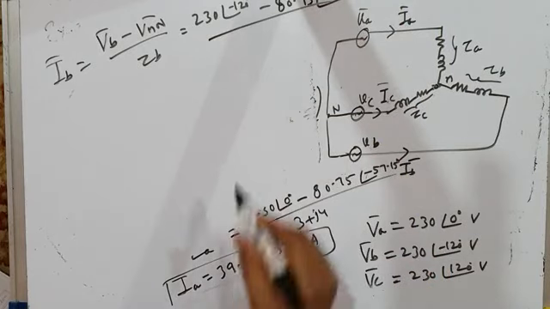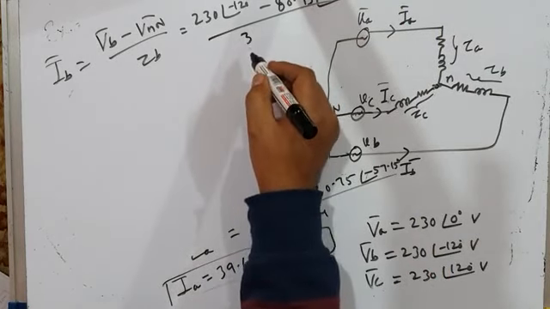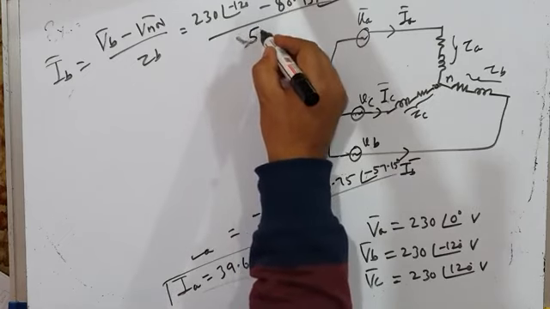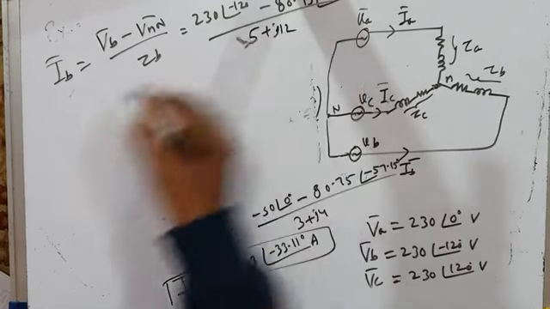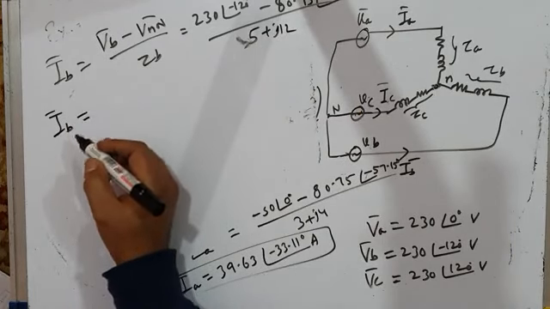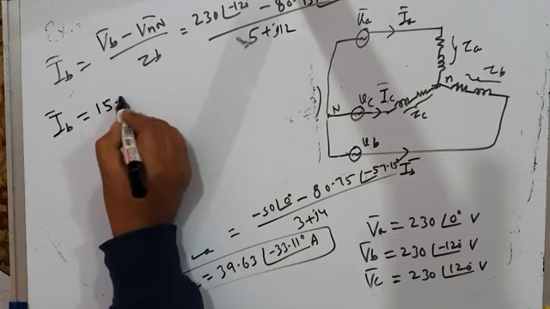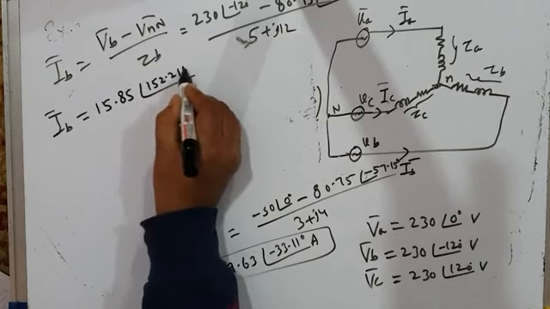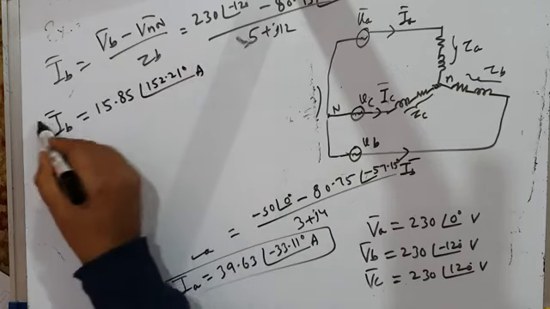How much is ZB? It's given in the problem itself, 5 plus j12 ohms. Use your calculator and it will give you line current IB as 15.85 at an angle of minus 152.21 degrees amps.